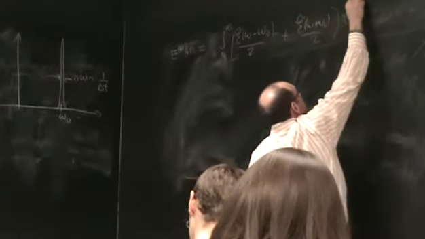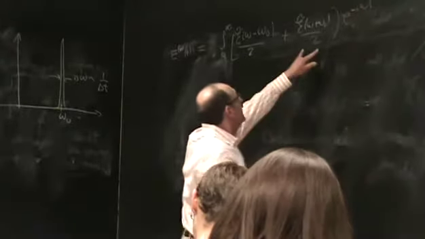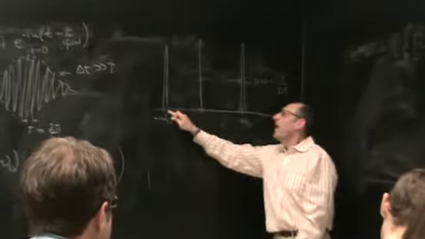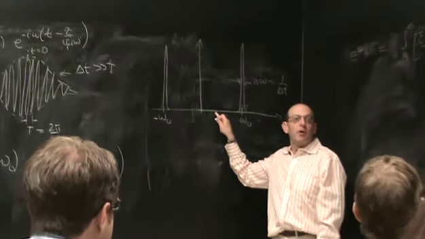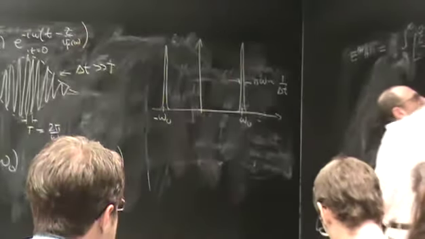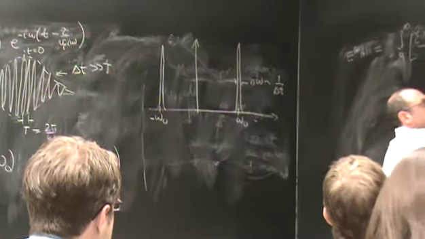Plugging in. However, this function has negligible coverage in the positive part of the axis, so this is negligible if it's quasi-monochromatic.